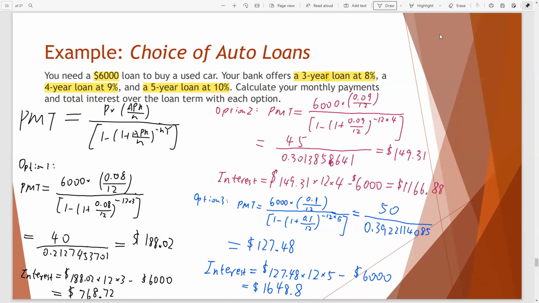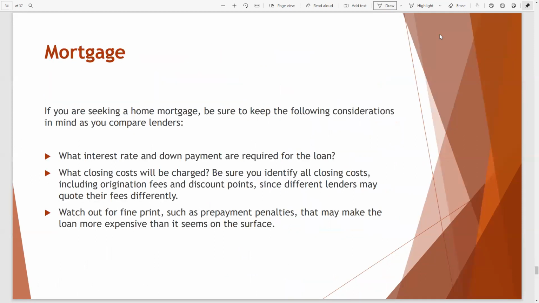All right, so let's see about the mortgage, right? The mortgage of buying a home. When seeking a home mortgage, be sure to keep the following considerations in mind as you compare lenders, right? So the interest rate, and down payment required for the loan, right?